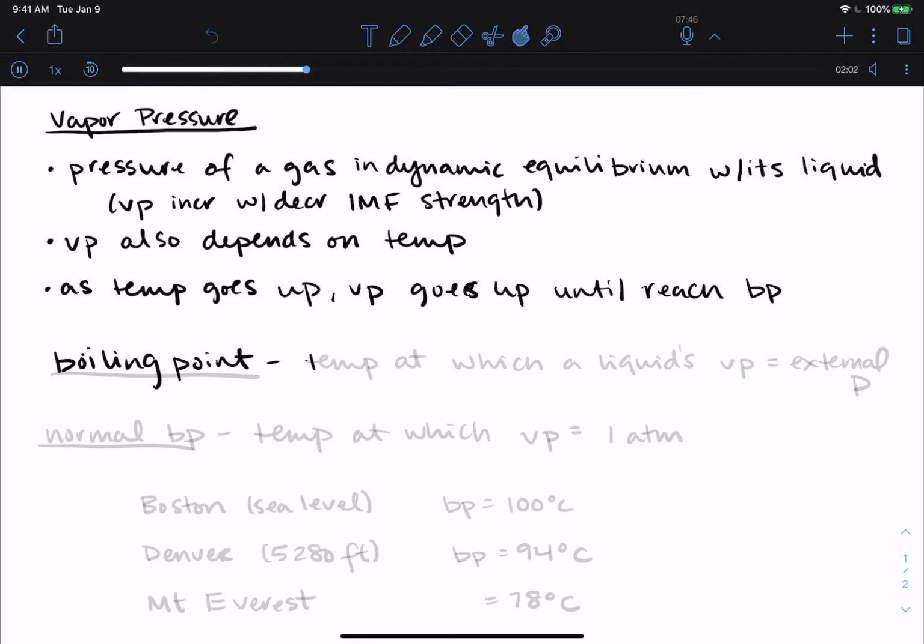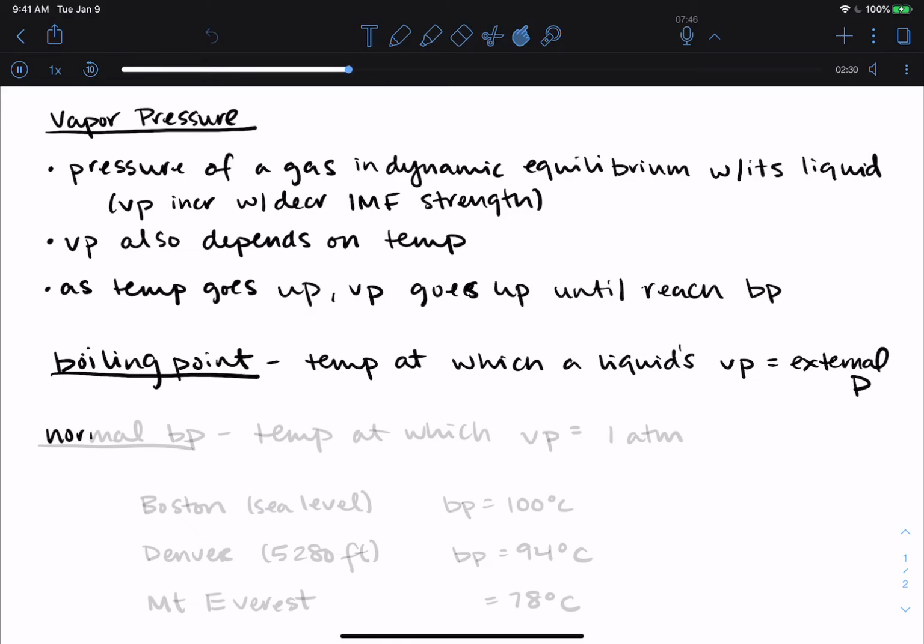So boiling point is the temperature at which a liquid's vapor pressure equals the external pressure. So when the vapor pressure equals the external pressure, that is when something is boiling.